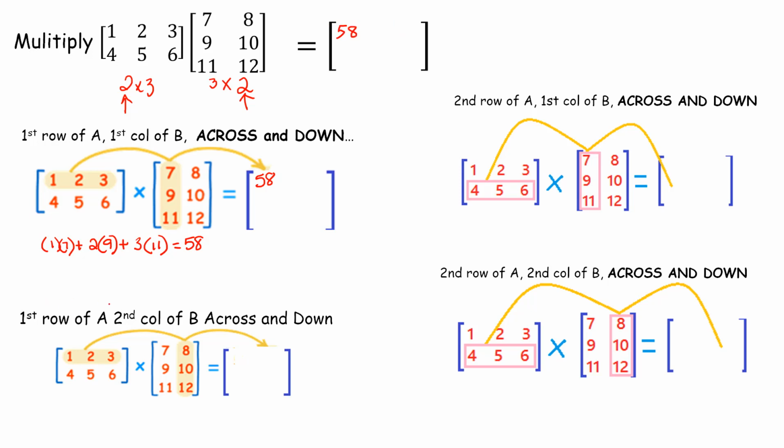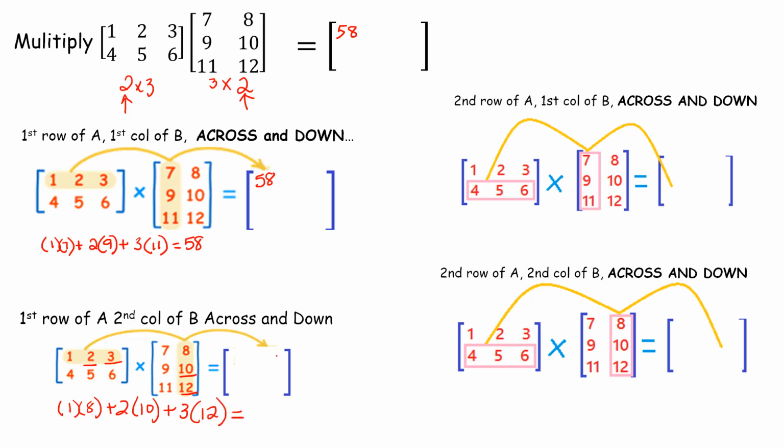All right, now we move on to the first row, second column. So first row again, second column of the second matrix. And we'd stick with the first row until we went through all the columns of the second matrix. So we're going across and down, across and down. So we'll do 1 times 8 plus 2 times 10 plus 3 times 12.